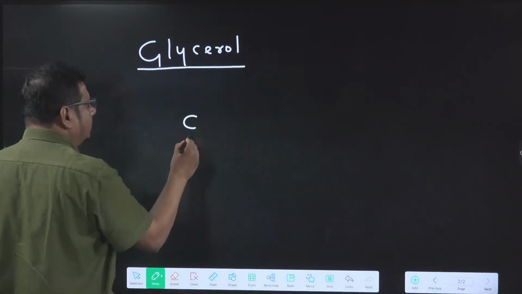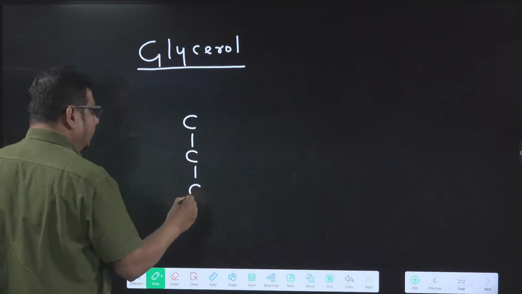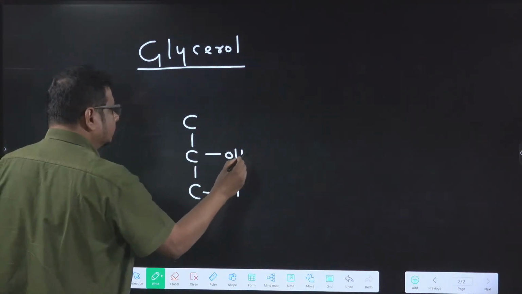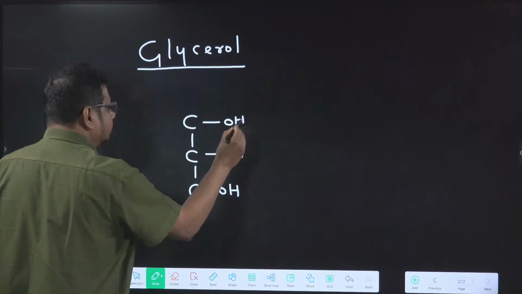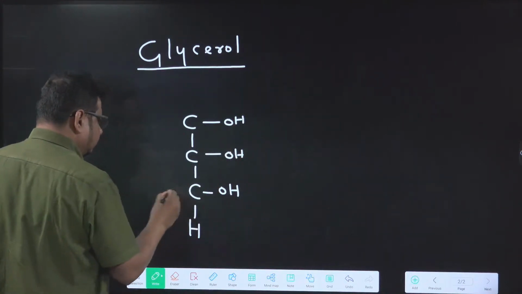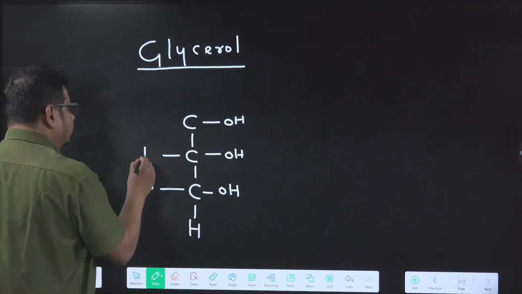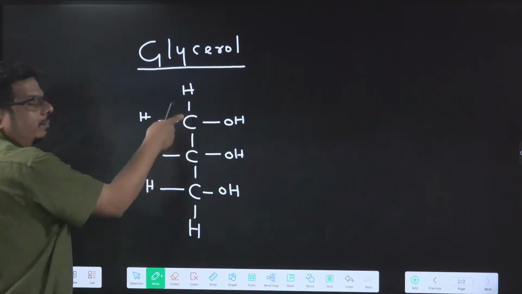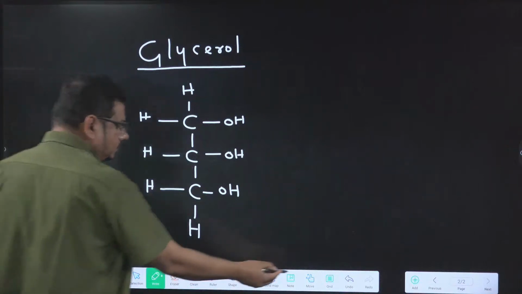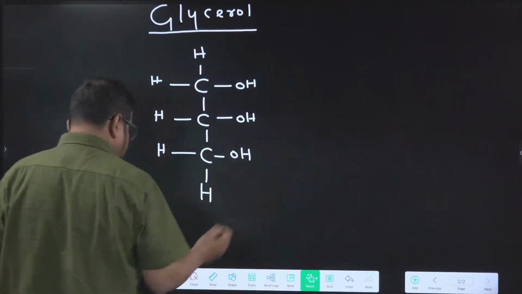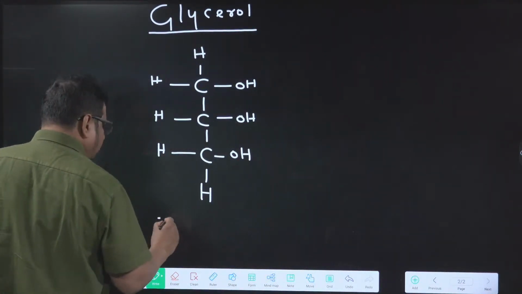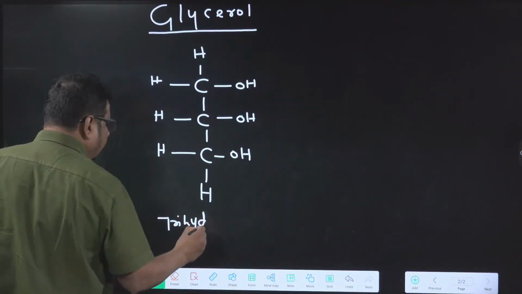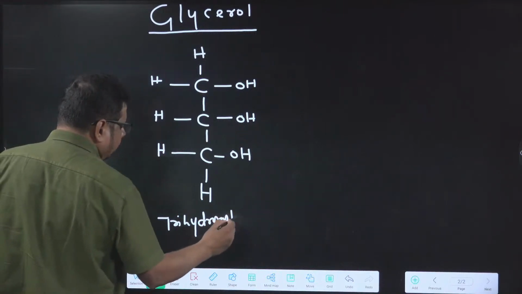The structure of glycerol is trihydroxypropane. This is the structure of the glycerol, or trihydroxypropane.